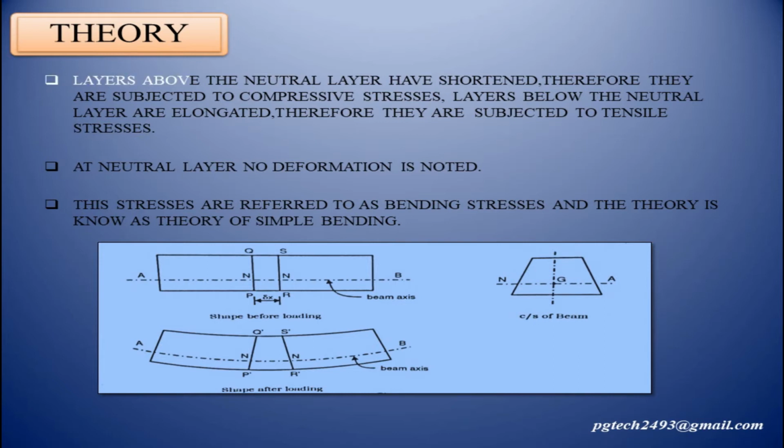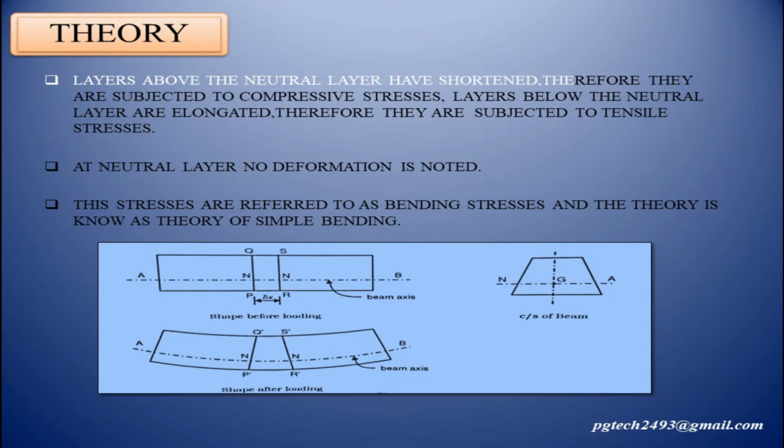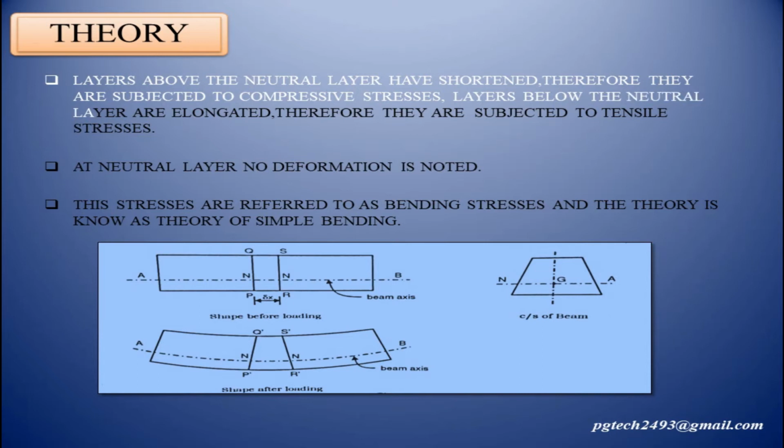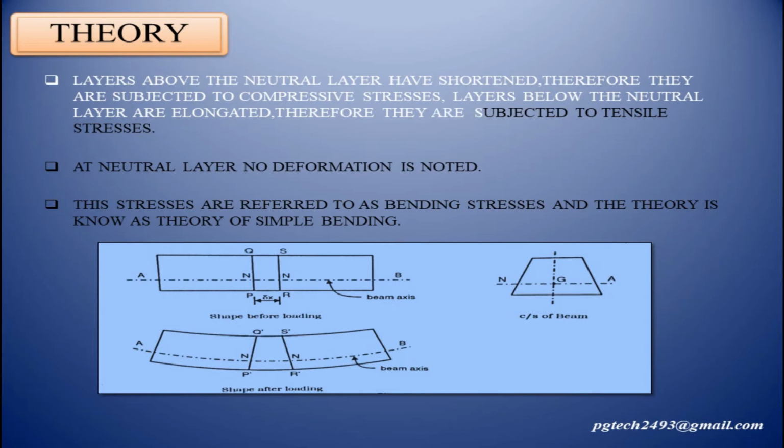Since the layers above the neutral layer have shortened, they are therefore subjected to compressive stress, while the layers below the neutral layer have elongated. They are therefore subjected to tensile stresses.